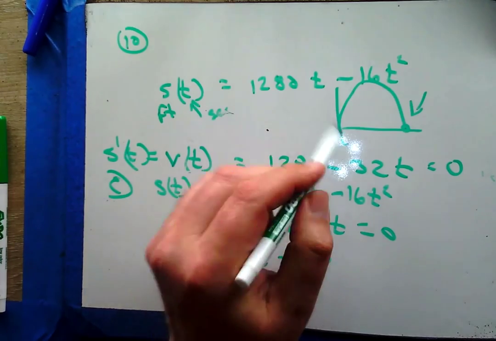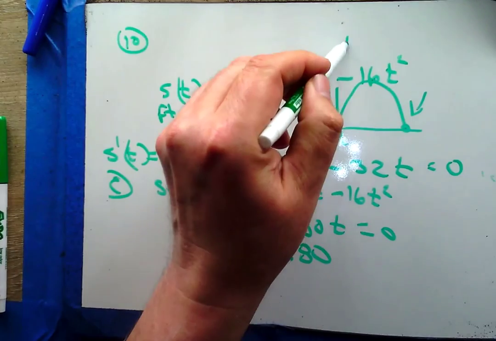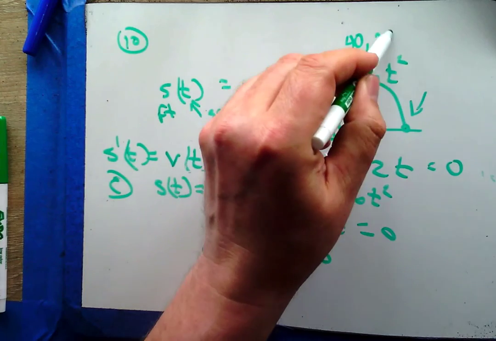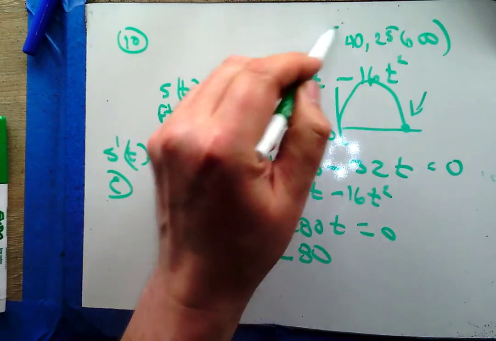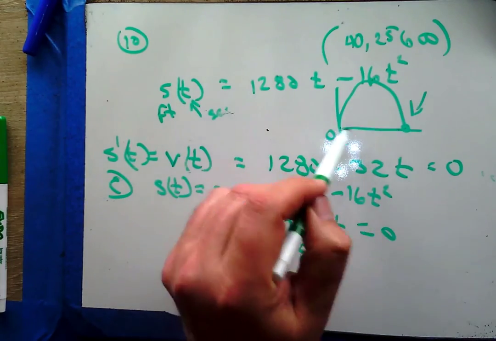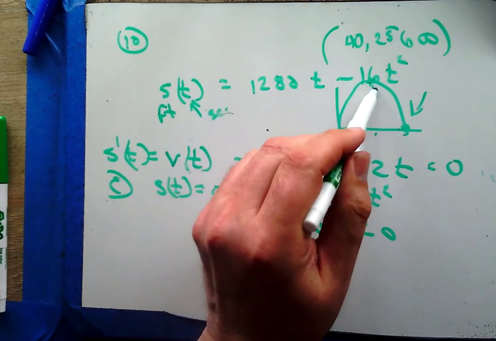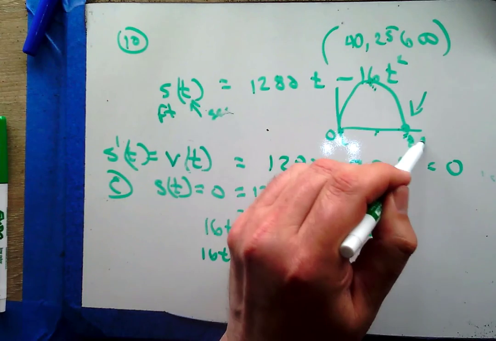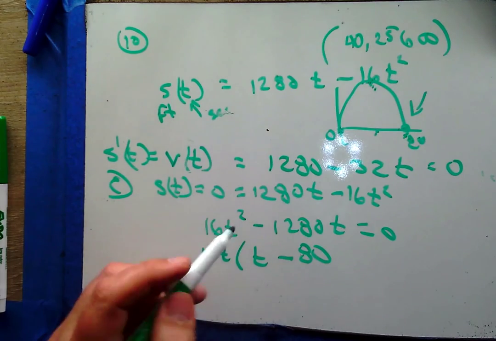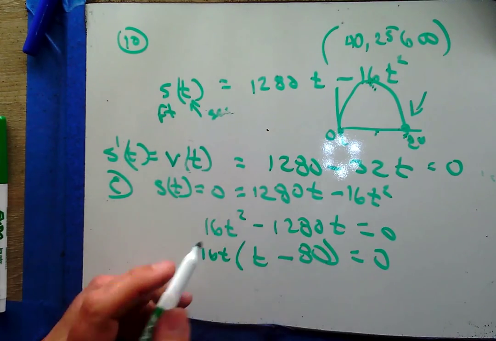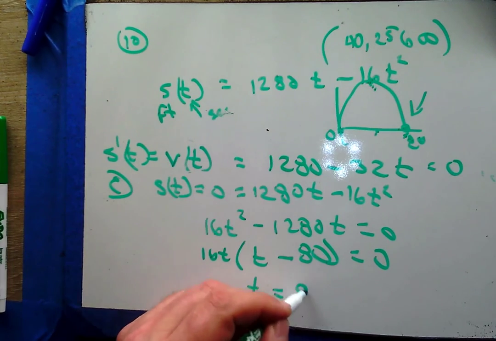Oh, I knew that, because this was 0, and this was 40, and halfway between these x-intercepts is this, so 0 to 40 must be another 40 to get up to 80. Okay, so equals 0, and so at t equals 80.